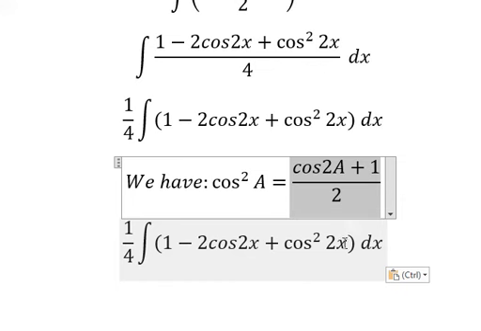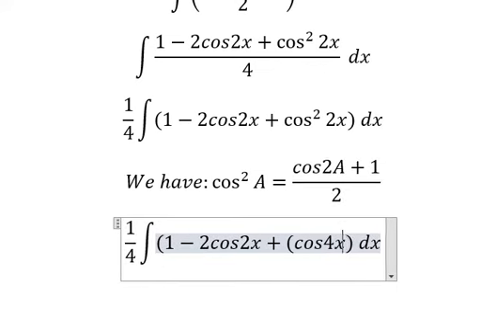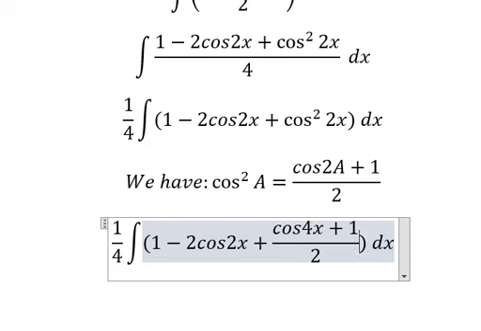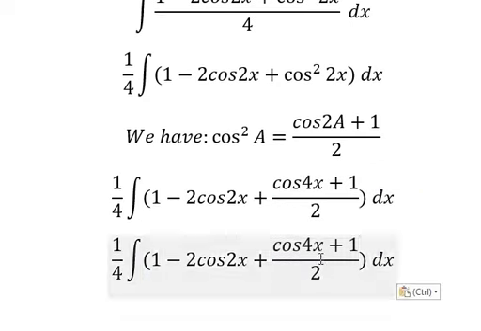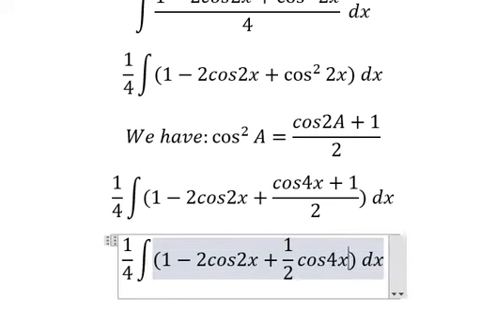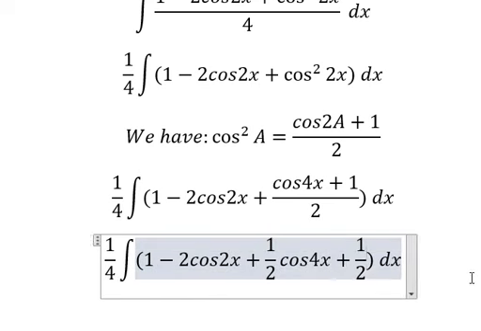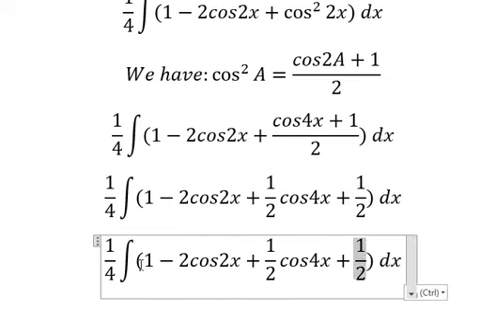This one we change for this one, and we have cosine 4s plus 1 over 2. And now we have 1 over 2 cosine 4s and 1 over 2. So 1 over 2 plus 1, we have 3 over 2.